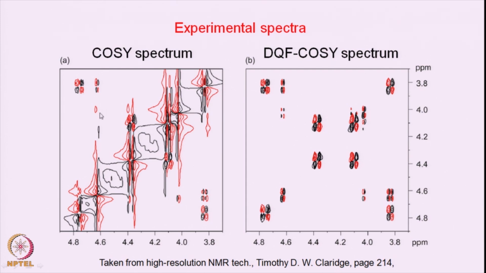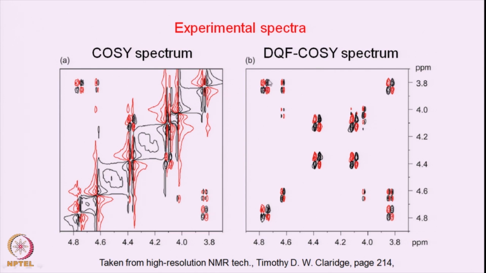The consequence of that is because of the cancellation from the tails, this cross peak is very poorly seen here, and this is seen very clearly in this, and therefore the double quantum filtered COSY saves a lot of trouble, and the resolution improvement allows you to determine the structures much better.